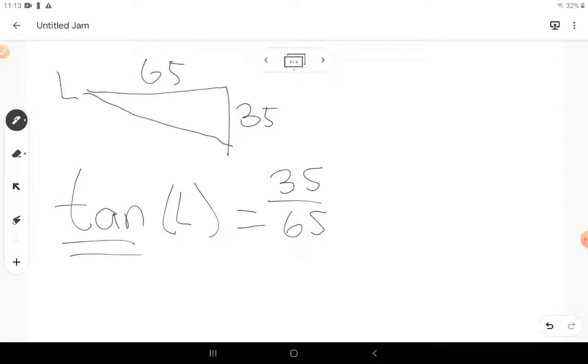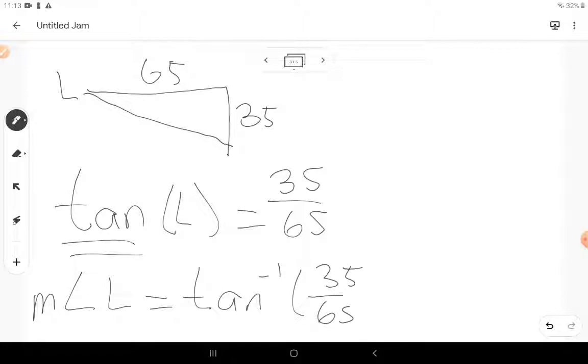So the measurement of angle L would equal the tangent inverse of 35 over 65. This is going to give us the degree of measurement of angle L.